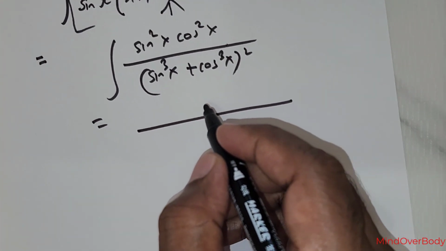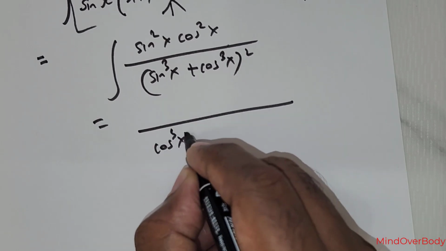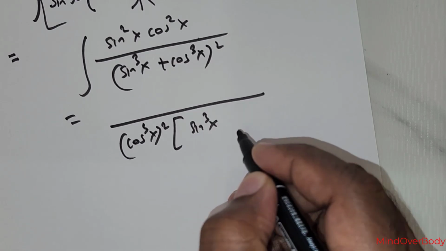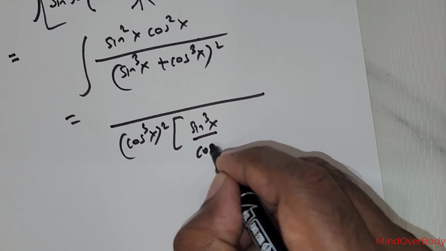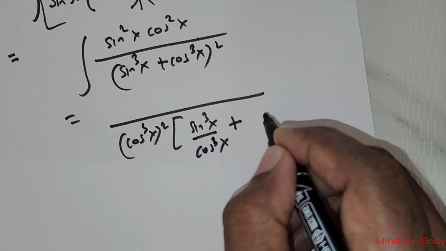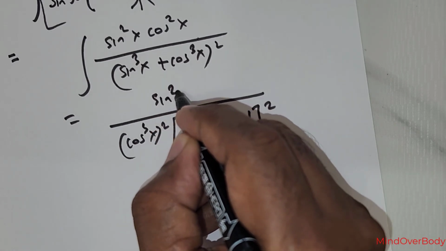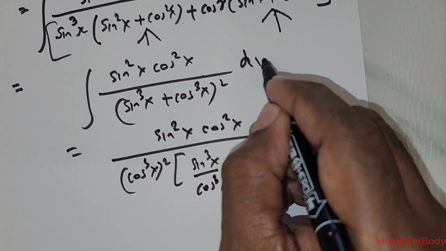And what I would do is take cos cubed x out, and that would give me sine cubed x divided by cos cubed x plus 1, raised to the power of 2, and this is sine squared x times cos squared x times dx.